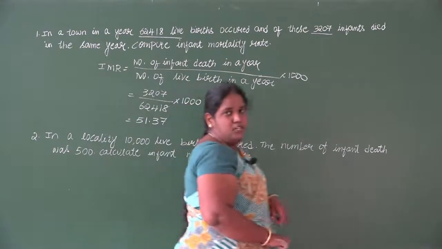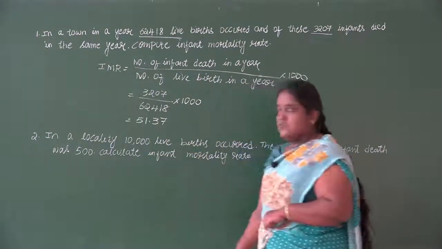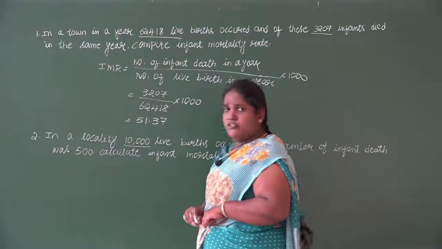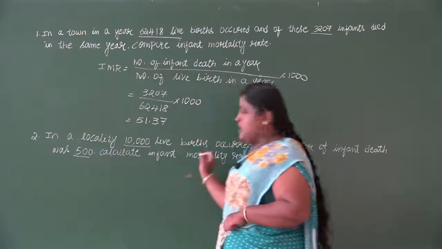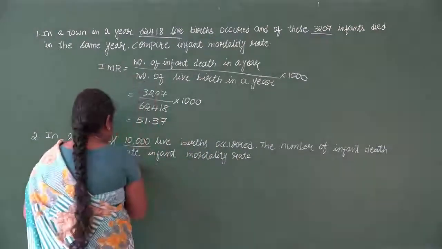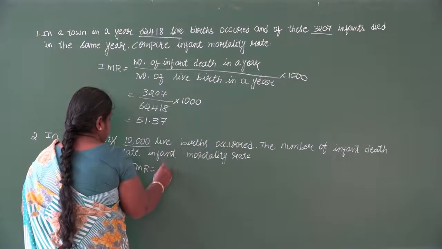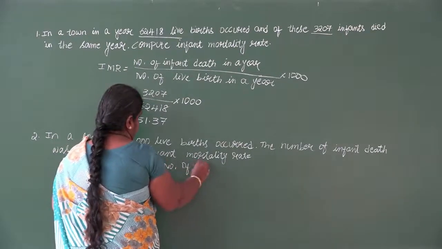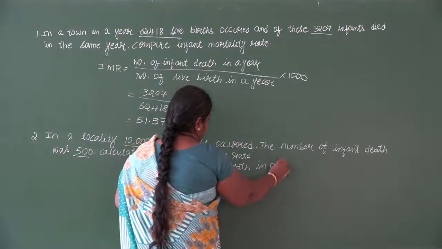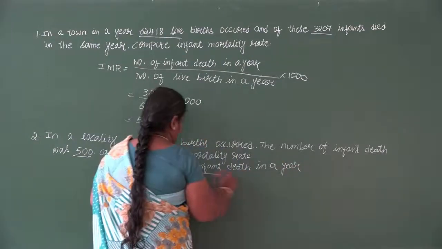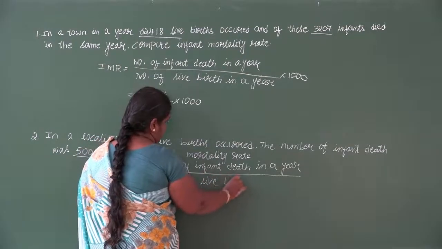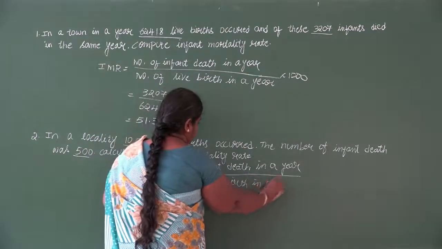We'll do one more problem based on the same thing. In a locality, 10,000 live births occurred, and the number of infant deaths is 500. Calculate infant mortality rate. Again, the first step is to write the formula of IMR: IMR equals number of infant deaths in a year divided by number of live births in a year into 1,000.